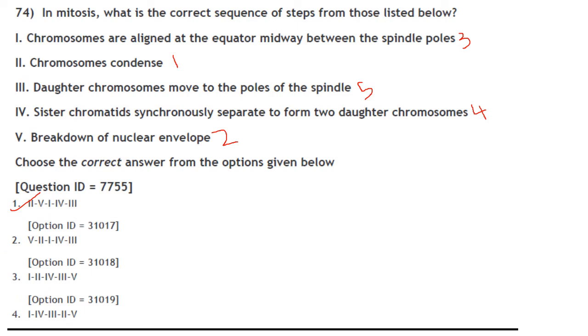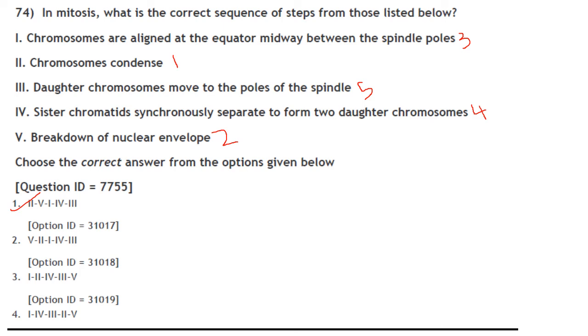In mitosis, what is the correct sequence of steps from those listed below? Chromosomes are aligned at the equator midway between the spindle poles. Chromosomes condense, yes. That will be the first one. Then comes breakdown of the nuclear envelope. Then comes chromosomes aligned at the equator midway between the spindle poles.